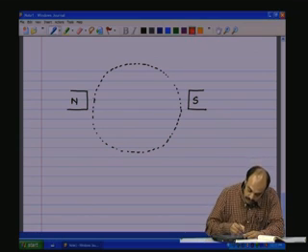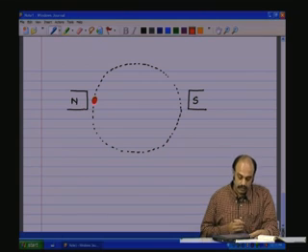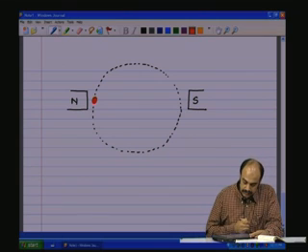So, let us now have a conductor which is positioned like this, this single conductor positioned like that.